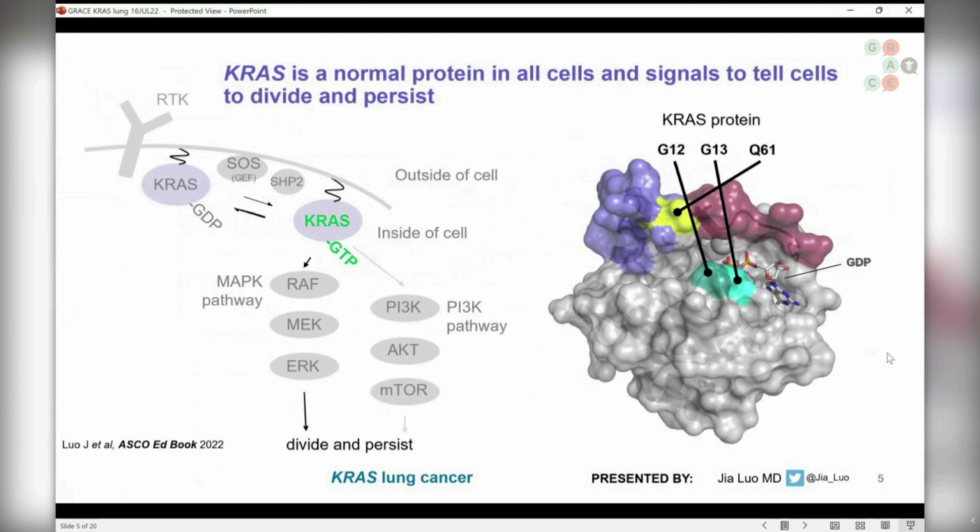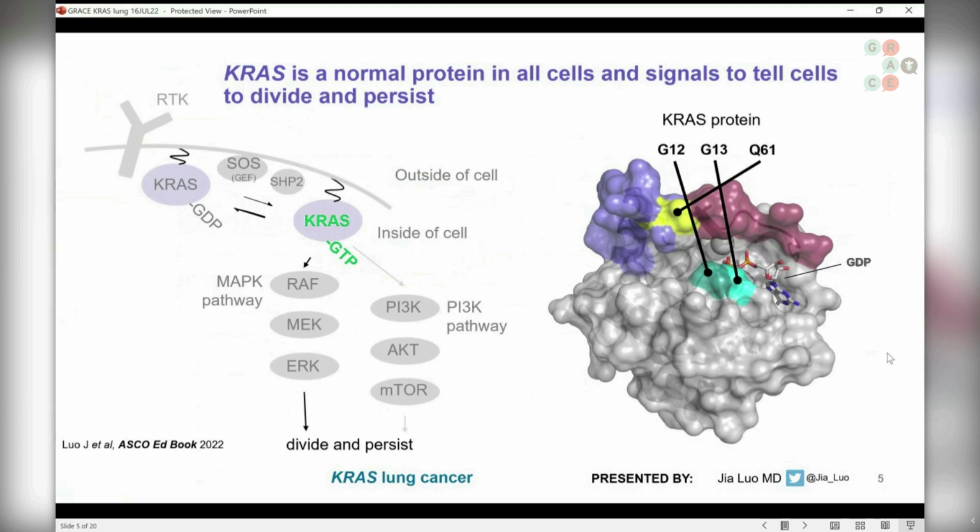So that's when the signaling is off. And then it can shift to KRAS turning on, which is KRAS GTP. And when KRAS protein is more in the on state, that's when it tells the rest of the cell to grow and persist. What I've illustrated on the right-hand side is an actual picture depicting KRAS protein.